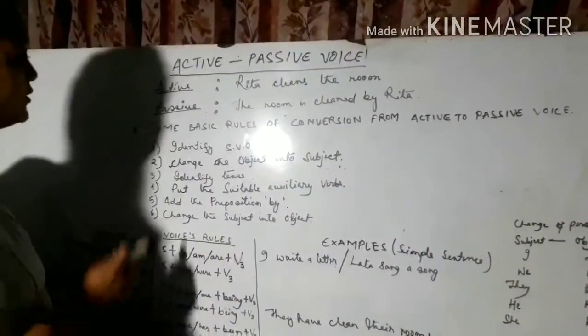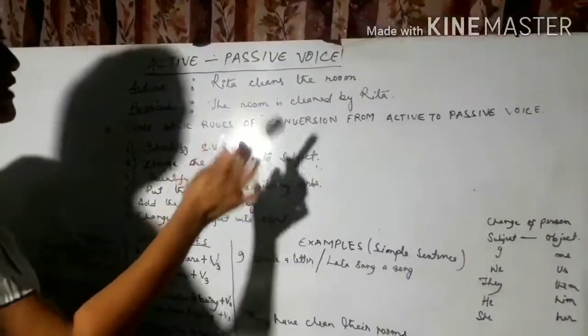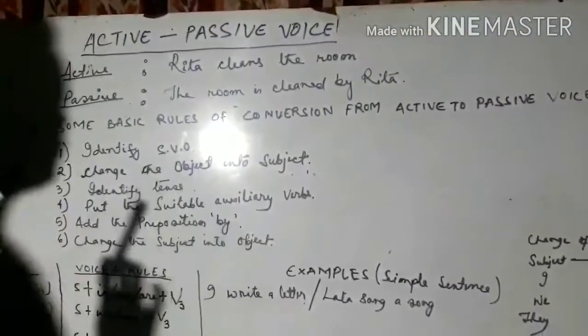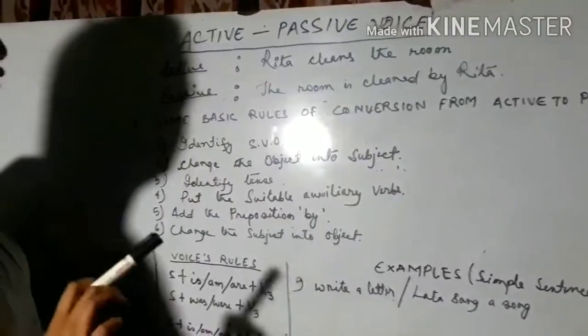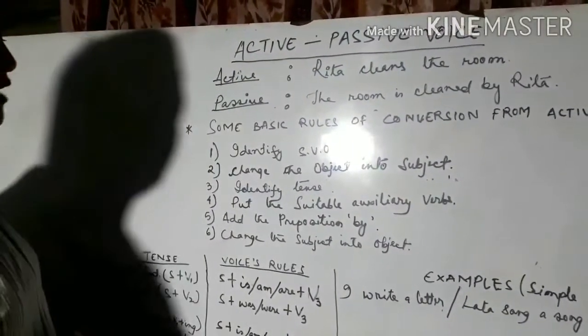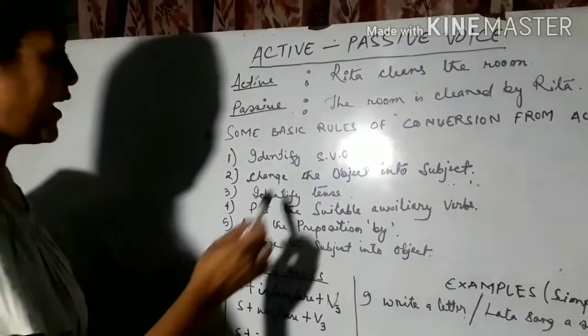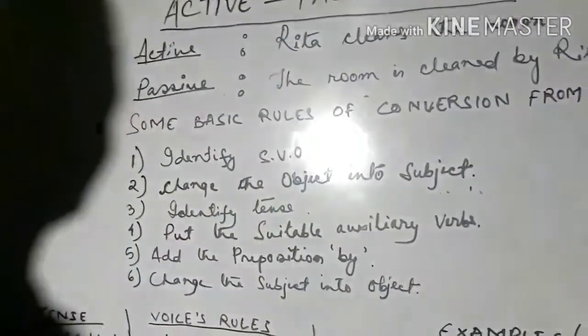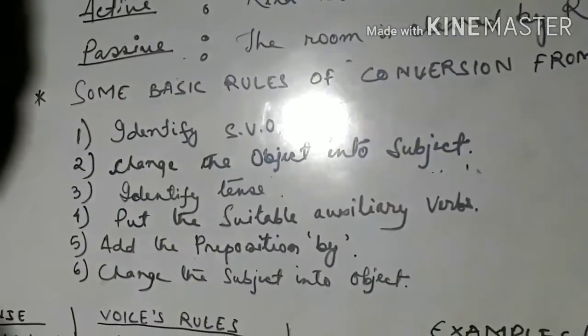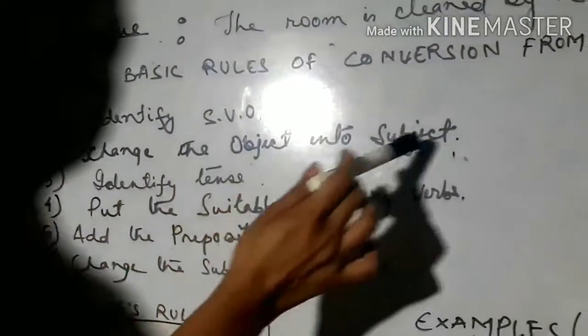Now let me read out some basic rules of conversion from active into passive sentences. If you want to change an active sentence into passive form, you need to apply these 6 rules. First, identify the SVO of a sentence, that means subject, verb, object. Number 2, change the object into subject.